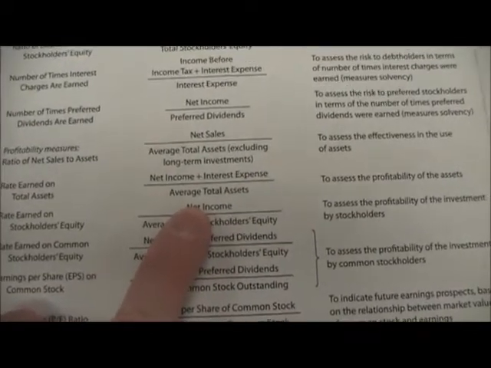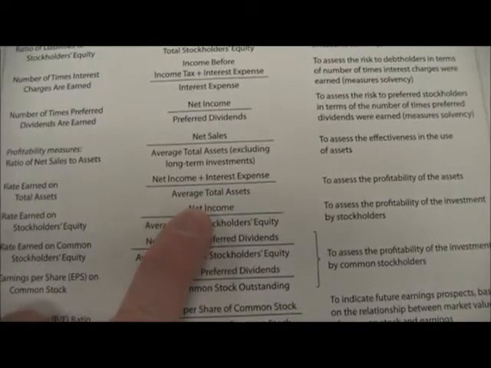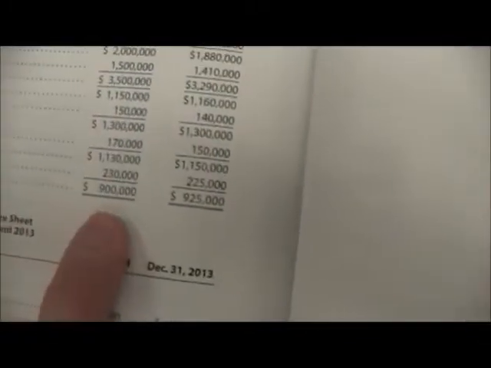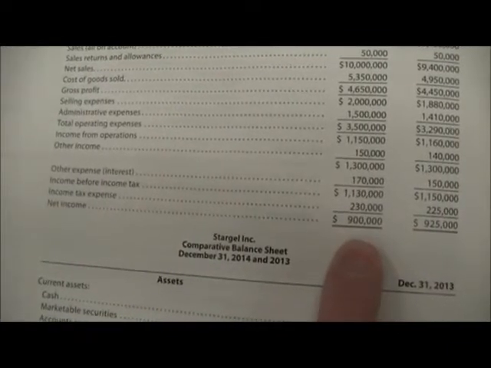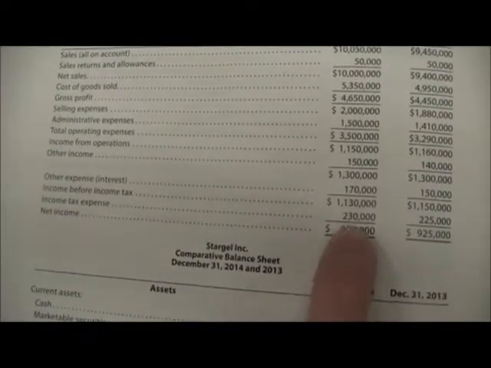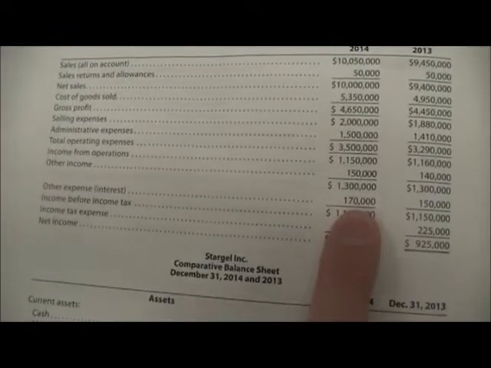Now this average total assets does not say excluding long-term investments, so we will have to calculate that number again. But let's start with the top one. The first one wants our net income, which is $900,000. We find that on our income statement, plus our interest expense, which we found out before was $170,000.